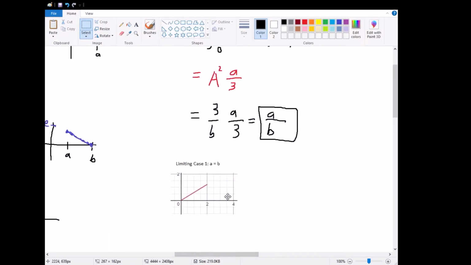So if we graph this on Desmos, what we'll find is that if A is equal to B, the entire downward sloping section of our function will completely disappear.